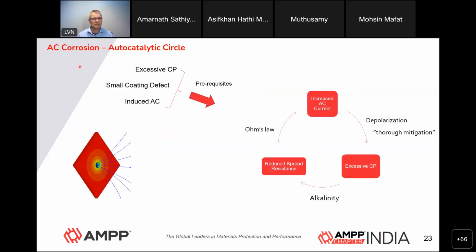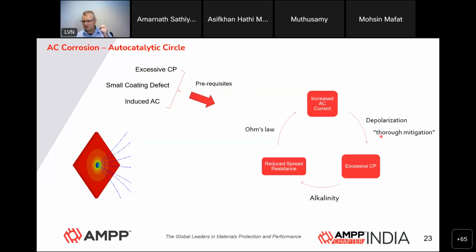So just to illustrate the autocatalytic circle of AC corrosion, as prerequisites you have excessive CP, a small coating defect, and some induced AC. When you have increased AC current, this AC current in itself will cause a depolarization of your cathode, meaning that you will automatically create more DC current. You also have the intuitive action that you would like to make a thorough mitigation.